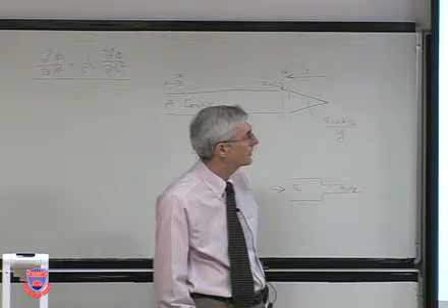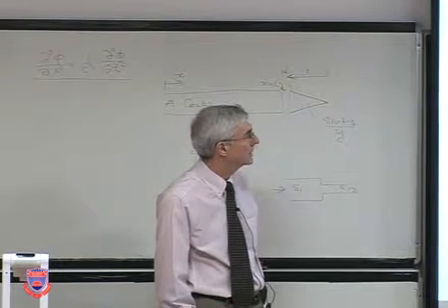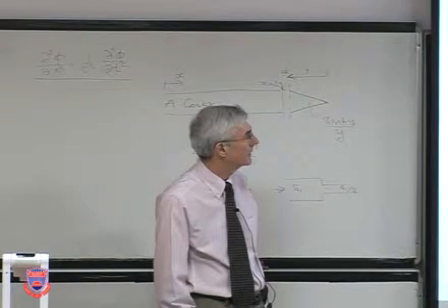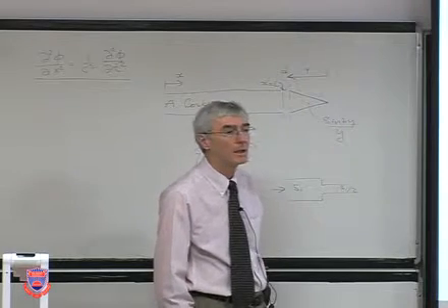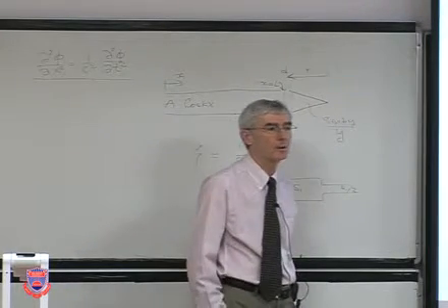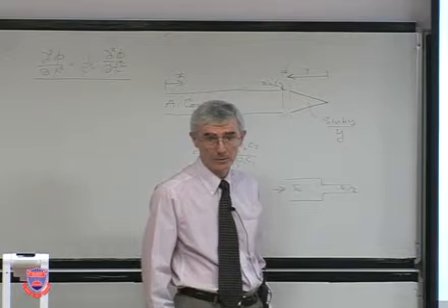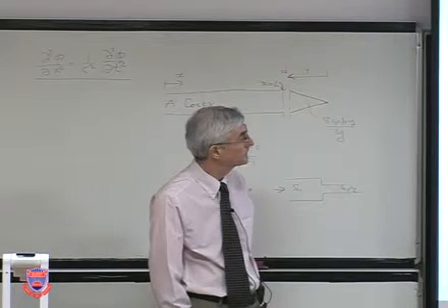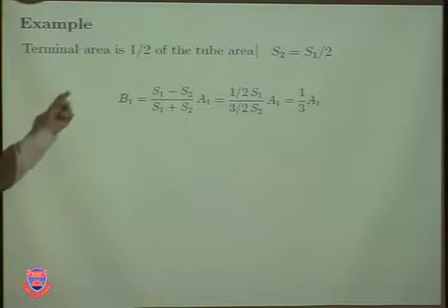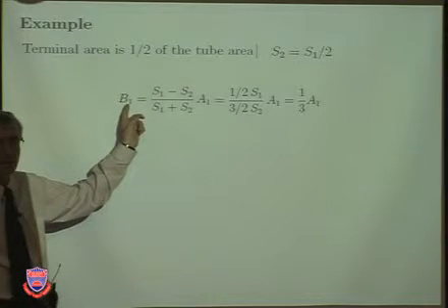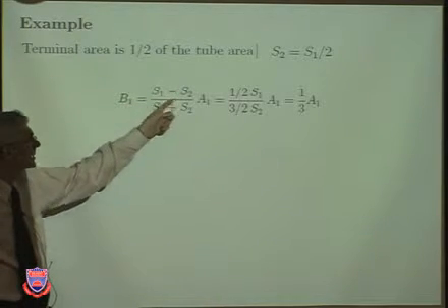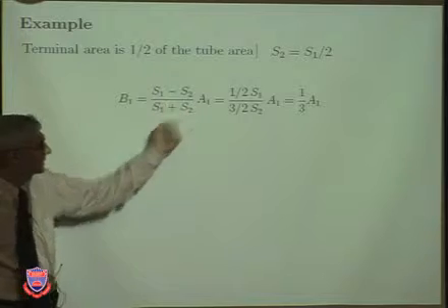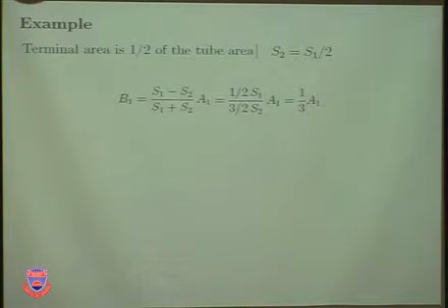First, the reflected wave, the amplitude of the reflected wave is 1/3 of the incident wave. Just simply, we use the previous equation, S1 minus S2 over S1 plus S2, and the result is 1/3 the amplitude is reflected back when the area is 1/2.